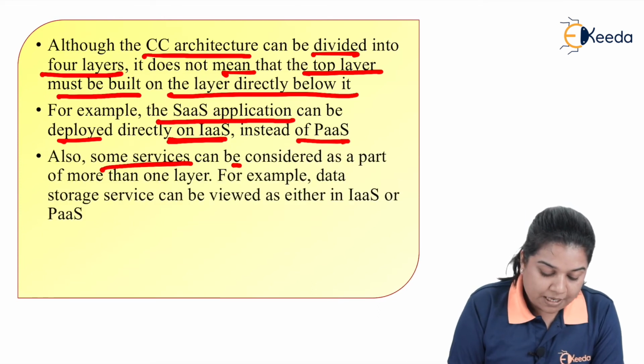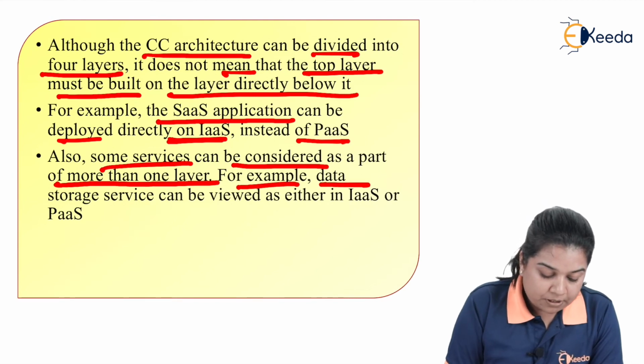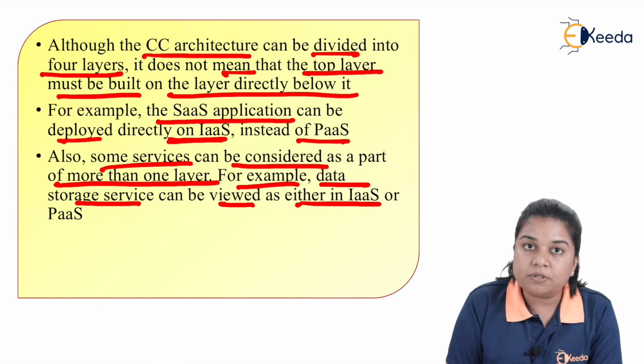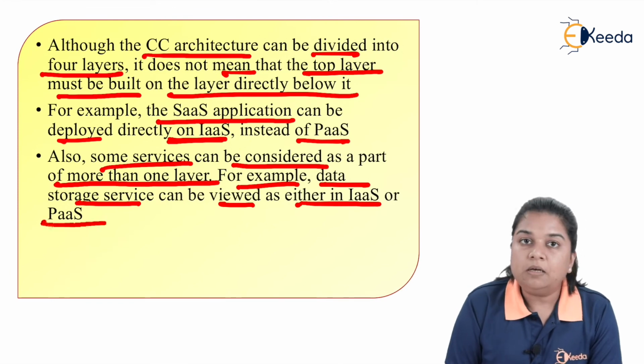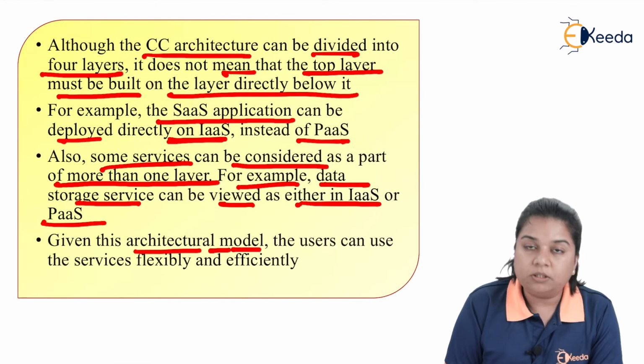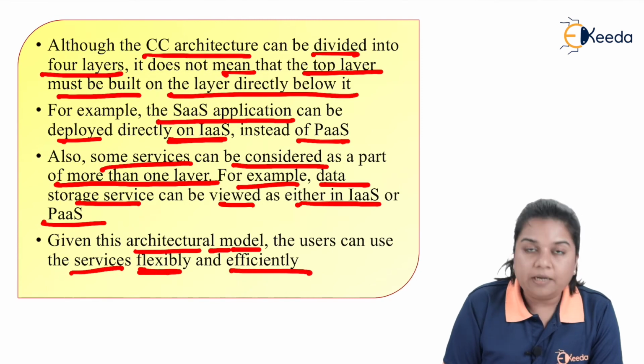Also, some services can be considered as part of more than one layer. For example, data storage service can be viewed as either in infrastructure as a service or platform as a service. Given this architectural model, the users can use the services flexibly and efficiently.